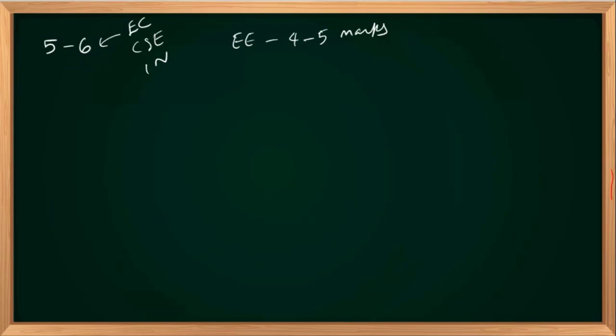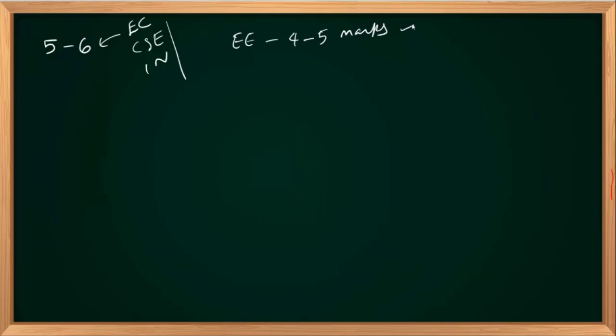And it may vary, it may go to 6 to 7 for EC, CSE, and instrumentation, and 5 to 6 marks for AAA. Usually, it will not come less than 5 for EC, CSE, instrumentation, and it will always be at least 4 marks for AAA, not less than that.